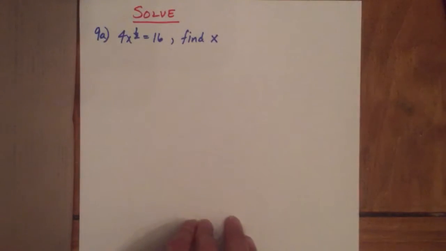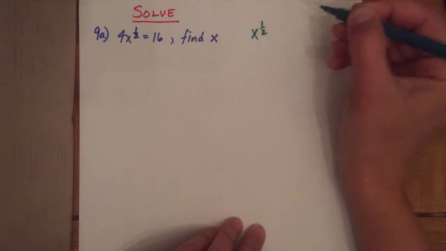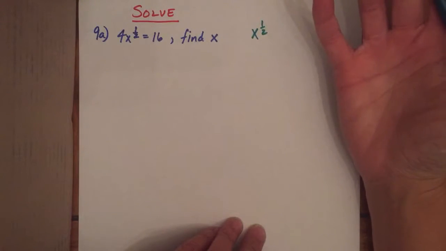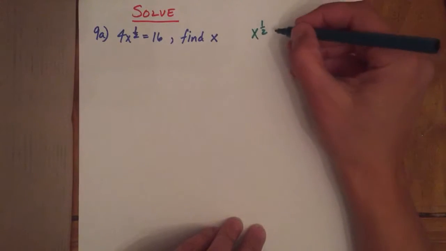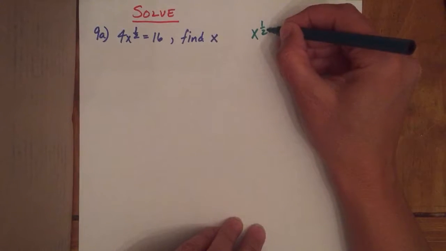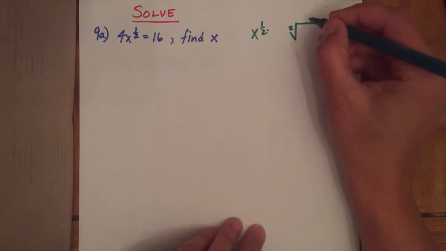So I'm going to take this fractional exponent, and this is written as x to the 1/2. Now there's two ways it's understood. Number one, the bottom number is the root that you're taking, so like the square root.